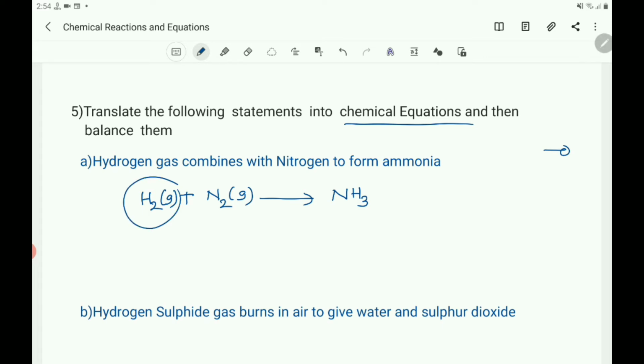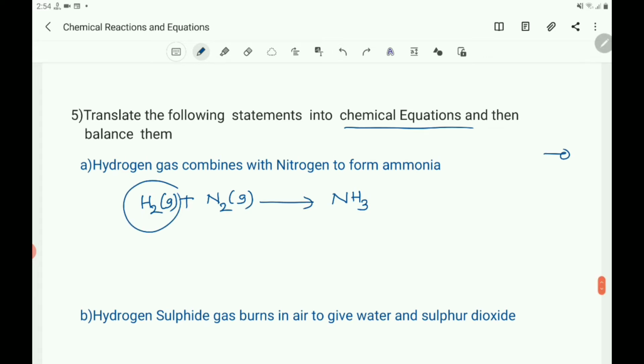This equation is to be balanced. So you write once again H2, which is in the form of gas, plus N2, which is also in the form of gas, gives ammonia, NH3, which is also in the form of gas.